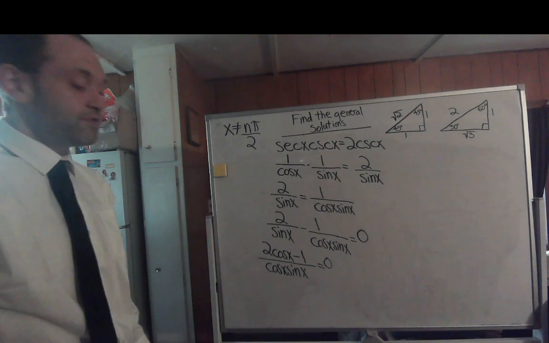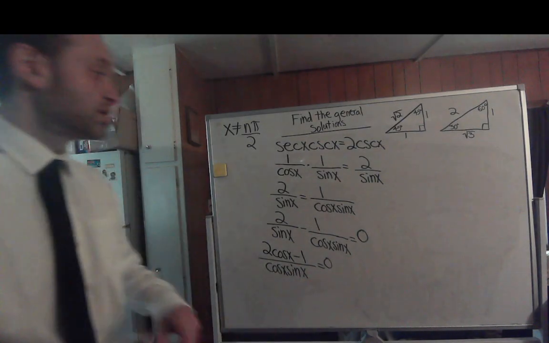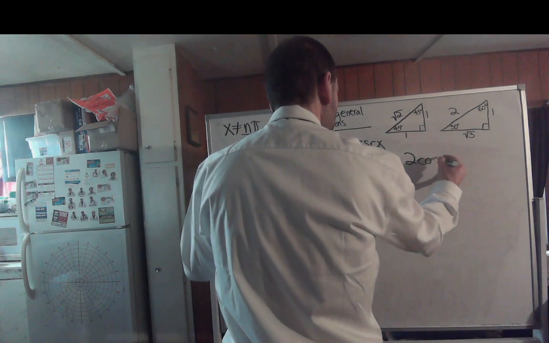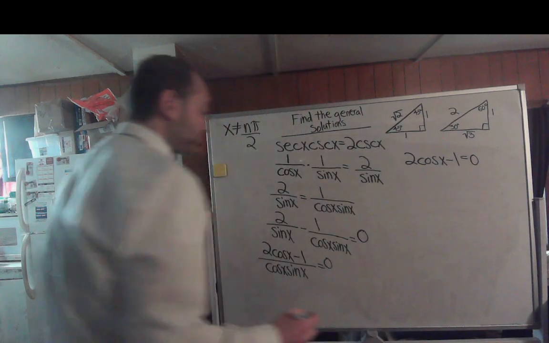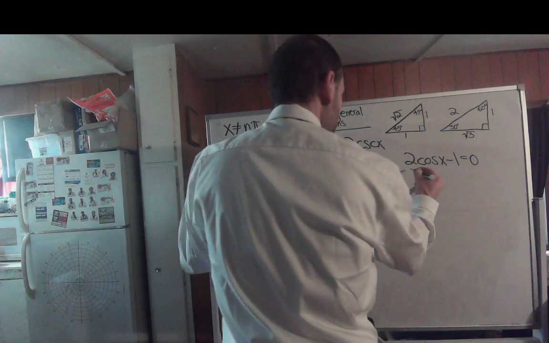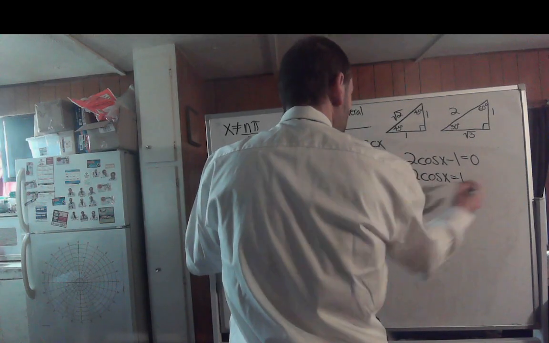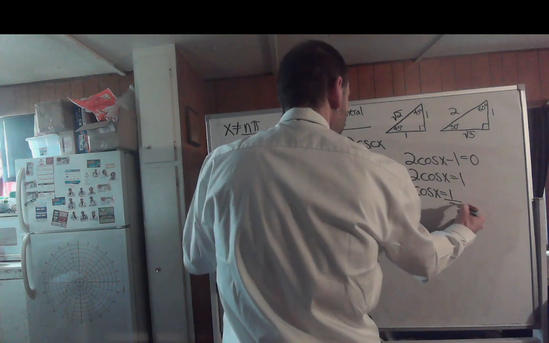But if you multiply both sides by the denominator, you're left with a simple equation now of 2 times the cosine of x minus 1 equals 0, which would end up giving you 2 times the cosine of x equals 1. So the cosine of x would equal 1/2.